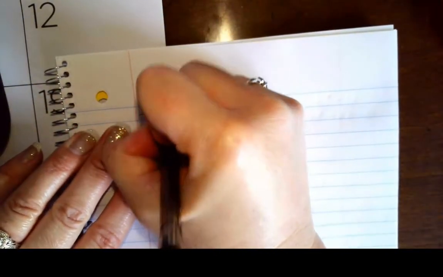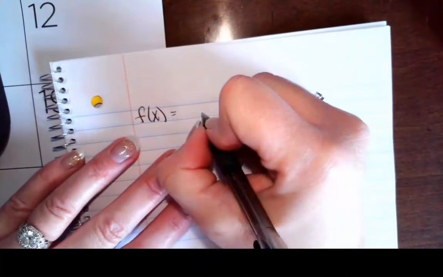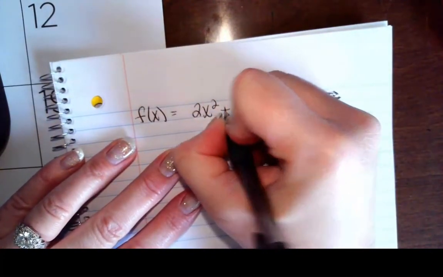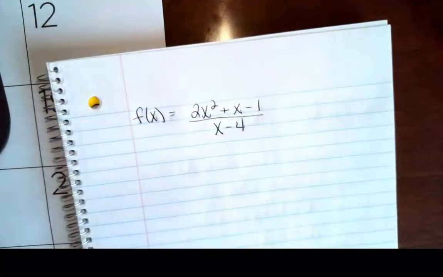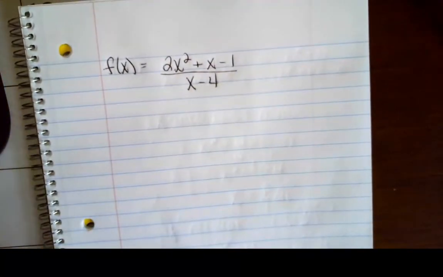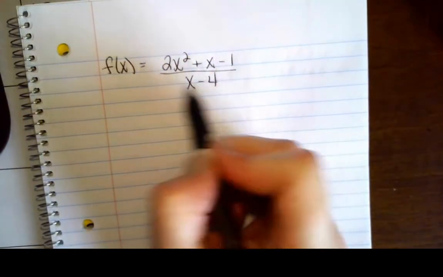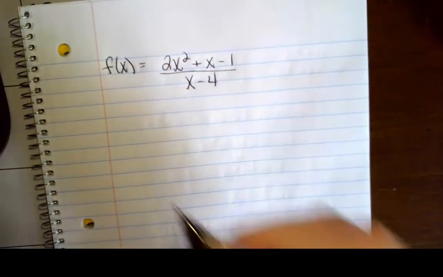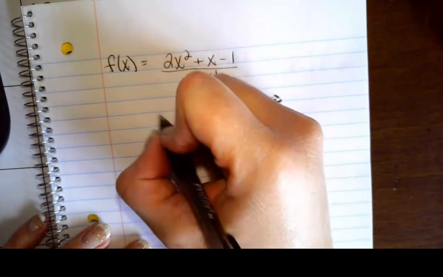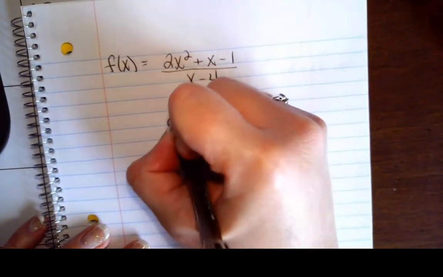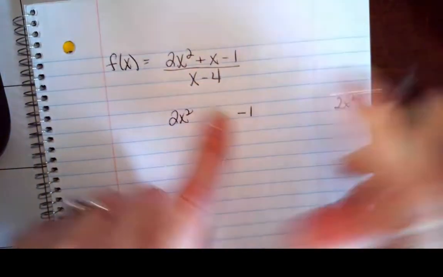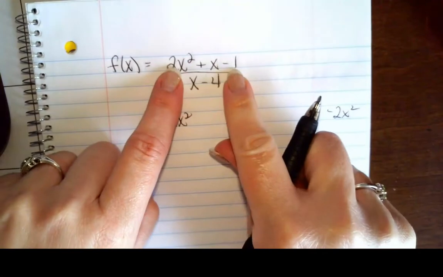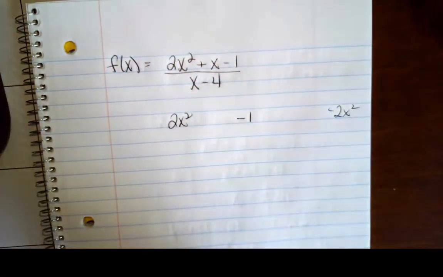All right, last one gives me f of x equals 2x squared plus x minus 1 over x minus 4. So the top of this is factorable, so let's go ahead and factor it down. I'm going to do that by doing the AC method. So I need two numbers that multiply to negative 2x squared and add up to positive 1.